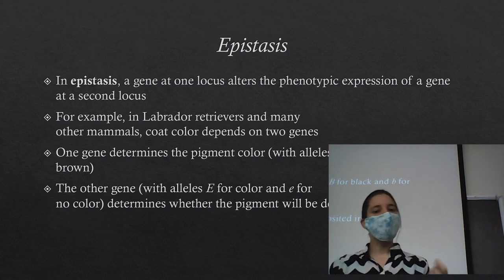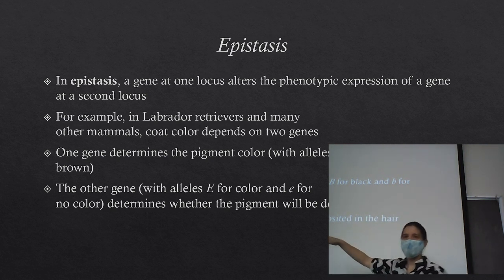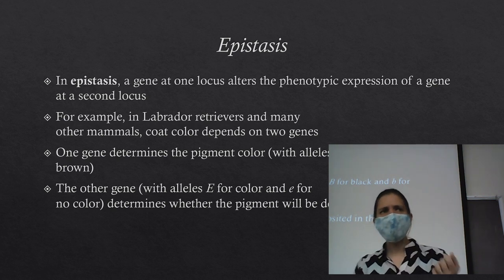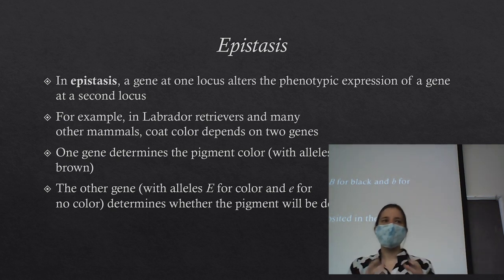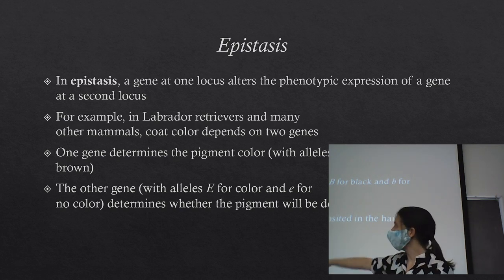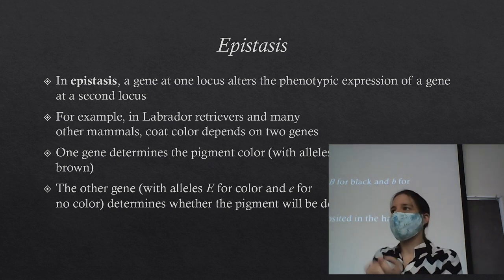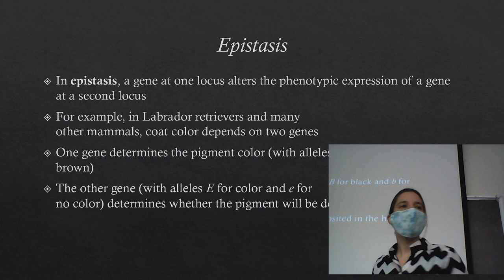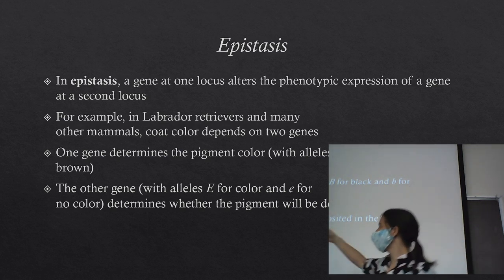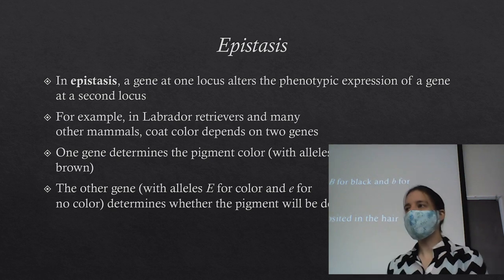There's also a gene, we're calling it with alleles E, that's responsible for taking the pigment from the cell and depositing it on the hair. If you have the dominant form, yes, you can pick up the pigment and put it in the fur. If you don't have at least one of those dominant alleles, you can make orange pigment, you can make purple pigment, doesn't matter.